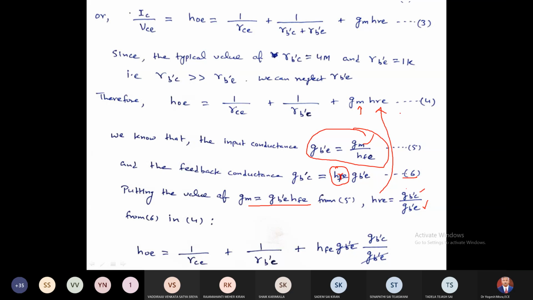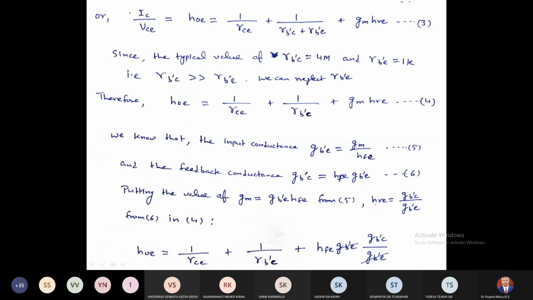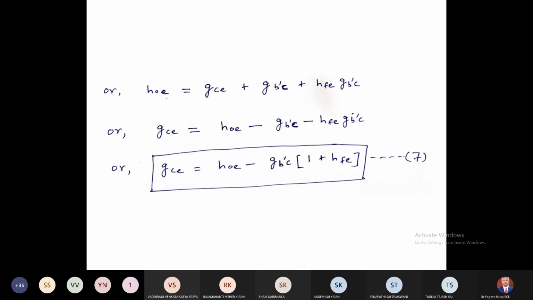These two values I will put in expression number 4. So what I will get now? HOE is equal to this is same, and here HFE GB'E, which is GM, and HRE is GB'C by GB'E. GB'E and GB'E will be cancelled out, right? These two will be cancelled out.